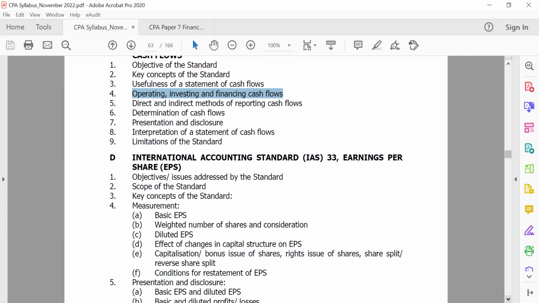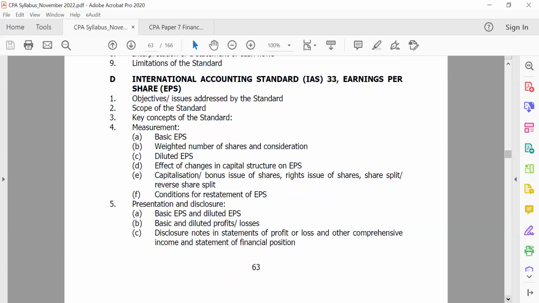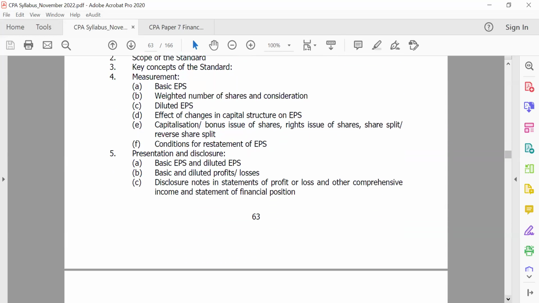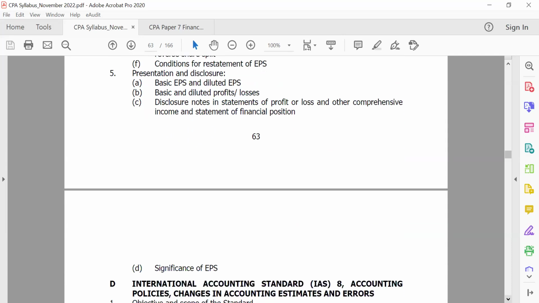So we'll be able to understand how do we calculate, or how do we measure the basic EPS, what is a weighted number of shares and consolidation, what is a diluted EPS, what conditions of restatement of EPS, and all that, including the presentation and disclosures of each of those different terms that relate to EPS.